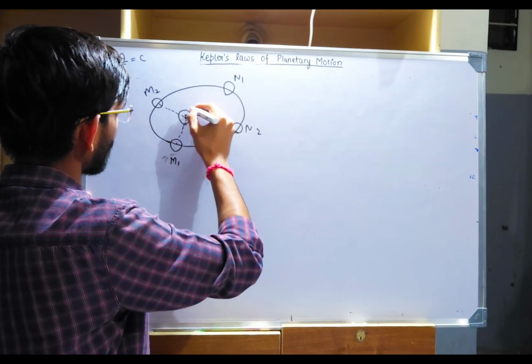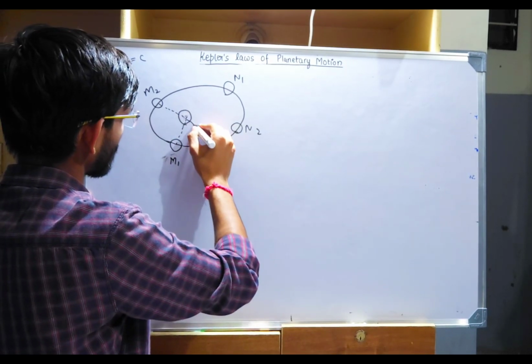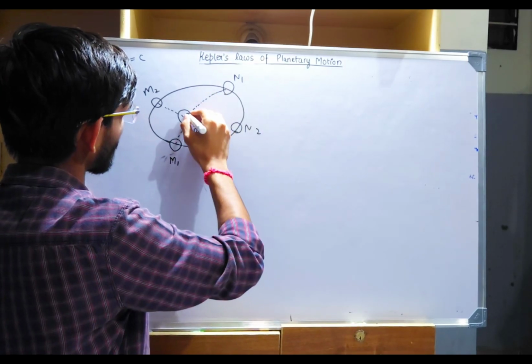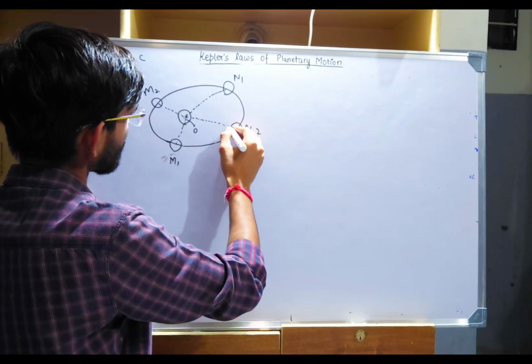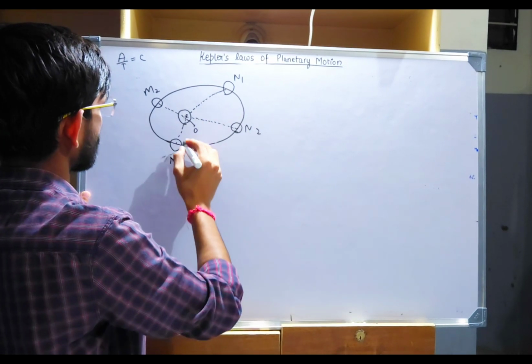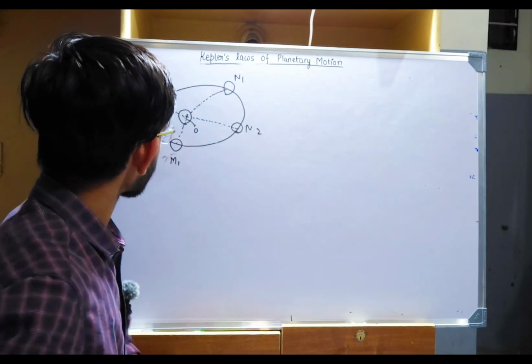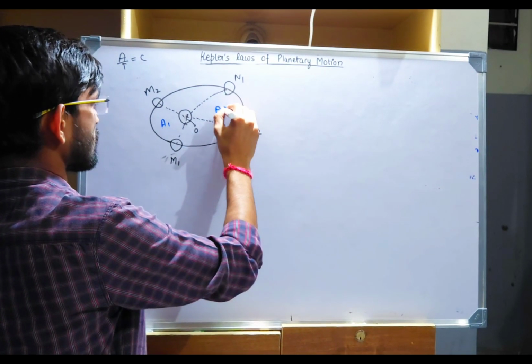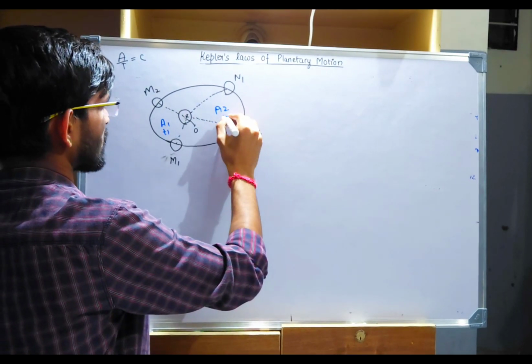This point is O. In the question, it is given that the area covered here is A1, the area covered here is A2, and the time taken is T1, the time taken is T2.